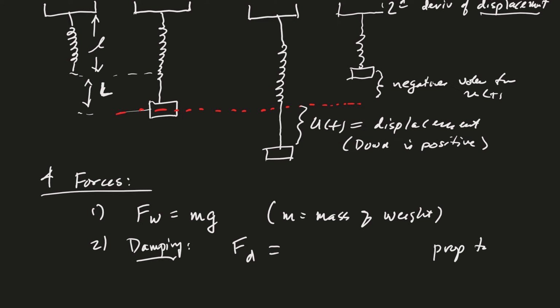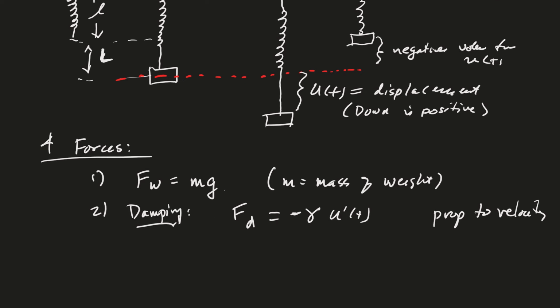Therefore, I'm going to have my constant of proportionality equal to gamma, and then the velocity is u prime of t. Because it's acting in the opposite direction of mg, I'm going to make that a negative. So again, gamma is the constant of proportionality for the damping factor. Good.